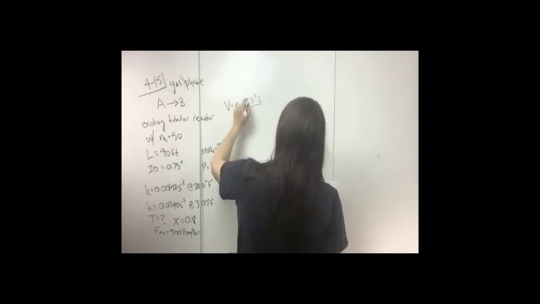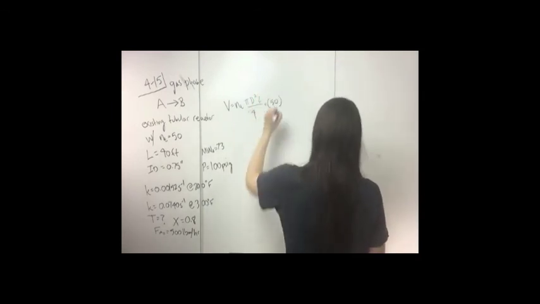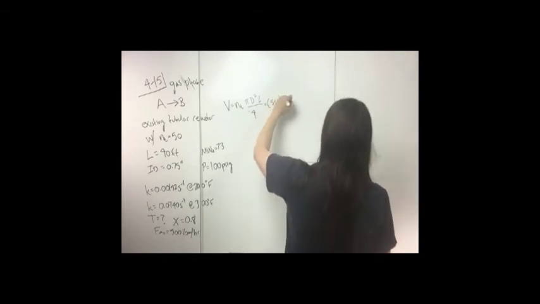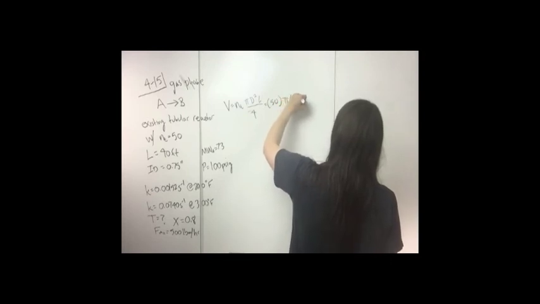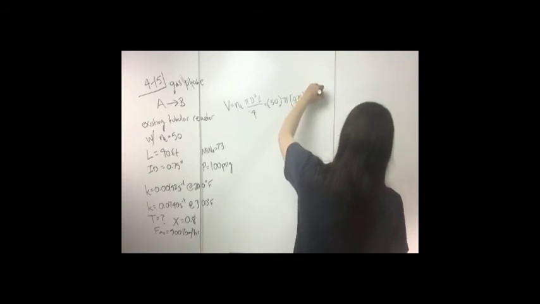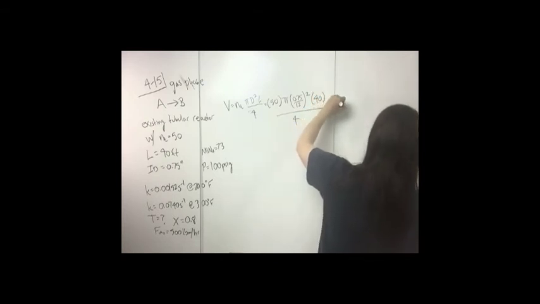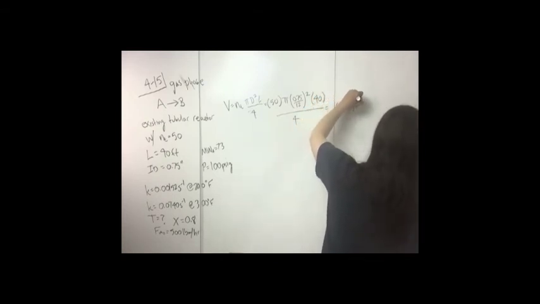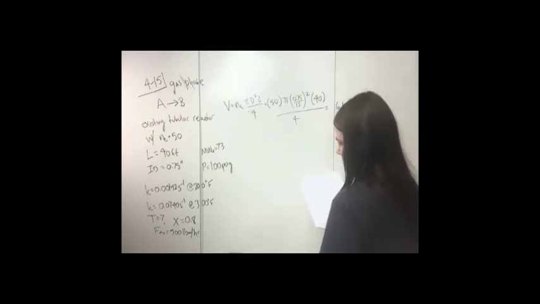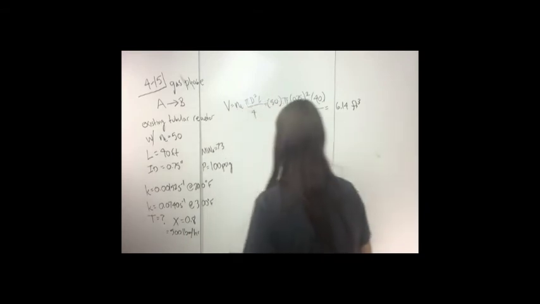So that's equal to 50 pi, and then the diameter is 0.75 inch, but you want that in feet, so 0.75 divided by 12 squared, multiplied by the length, which is 40 feet, over 4. And this is equal to 6.14 cubic feet. And then, actually, this isn't FA naught, this is the mass flow rate.